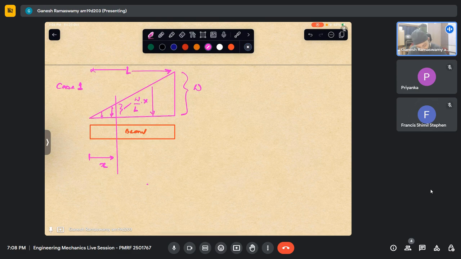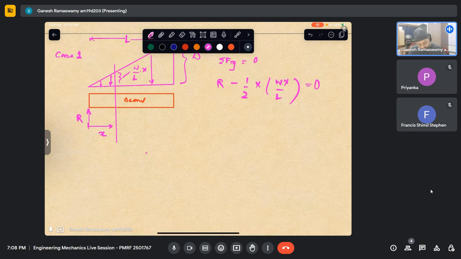Now, if I take sigma Fy equaling 0, let us say there is some reaction here, R. So it will give me R minus area x into Wx by L equaling 0. Whereas if I take from the other side, let me take this x dash. So sigma Fy equaling 0 at x dash. There will be some other reaction, r dash.